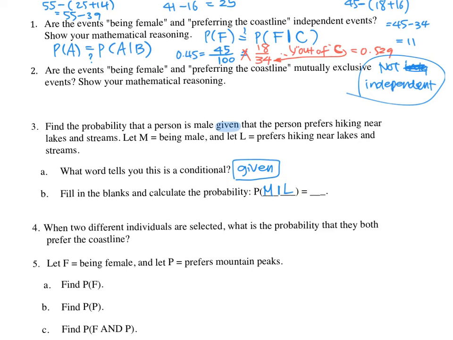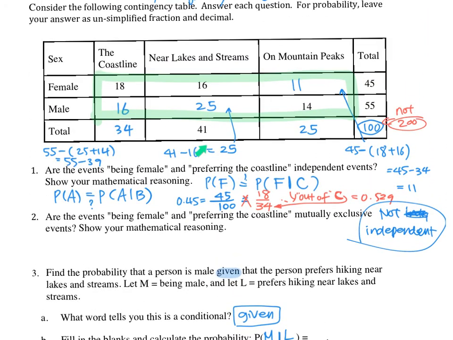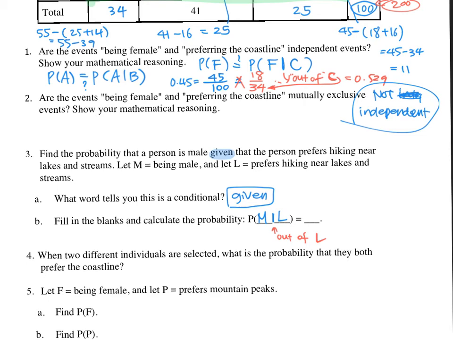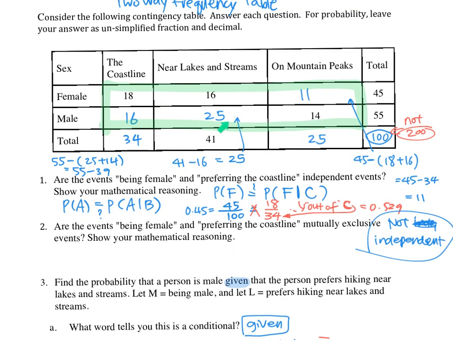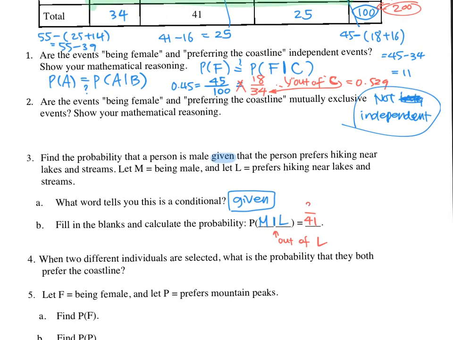I'm going to interpret this as out of lake. Let's look at how many people prefer lake, which is the middle column. There are a total of 41 people, so 41 is going to be on the bottom. And then it says male given that. So out of people who prefer lakes and streams, how many males are there? There are 25. So that'll be my answer.